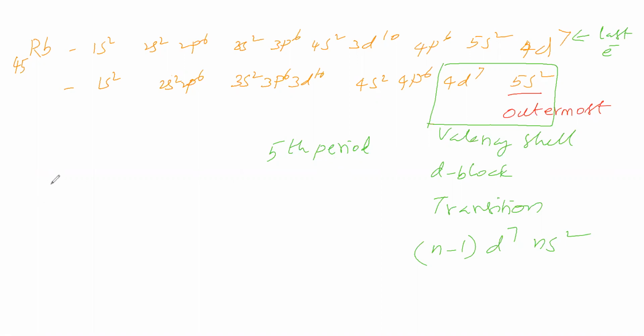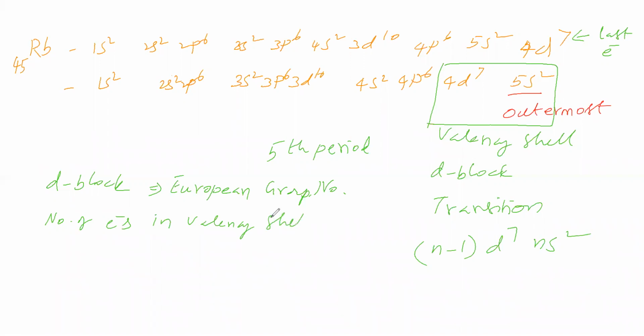So for d block elements, the number of electrons in the valence shell is equal to the European group number.